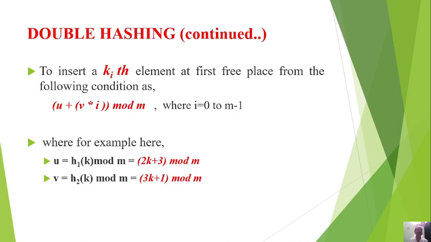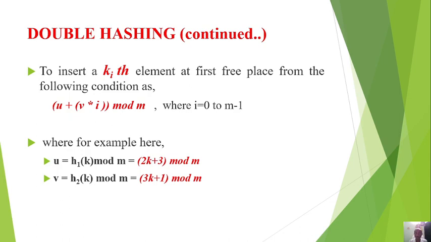The expression is u plus v into i, where u is equal to the first hash function h1 of k modulus m, that is (2k plus 3) modulus m. Then v is equal to the second hash function h2 of k modulus m, that is (3k plus 1) mod m. So these are the two hash functions involved in the double hashing method in this example.